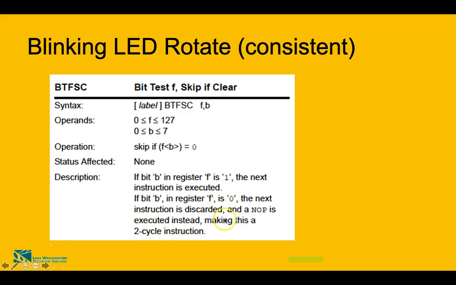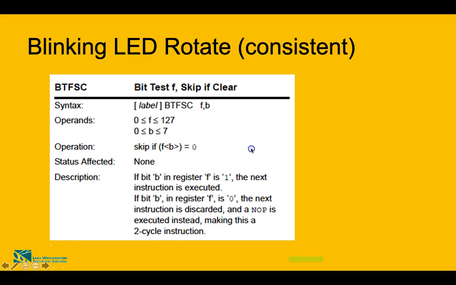At this position b, you can define any bit. You can see this bit range is from 0 to 7, so any bit where you want to work, you can put that bit name. And f is your file register, and you can see the range of the file register.